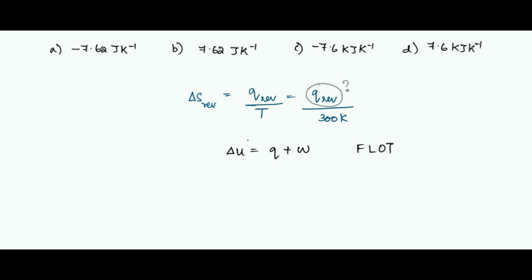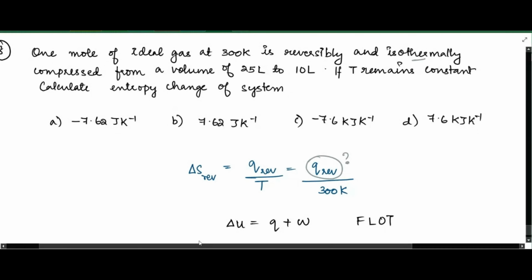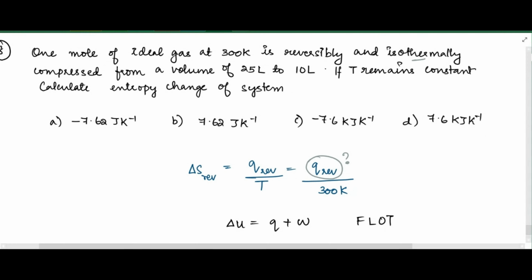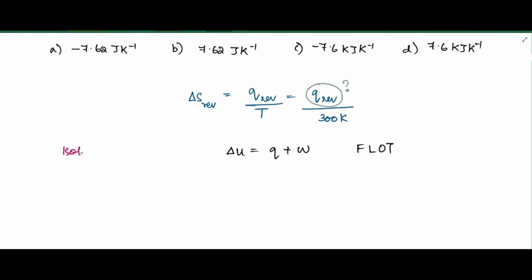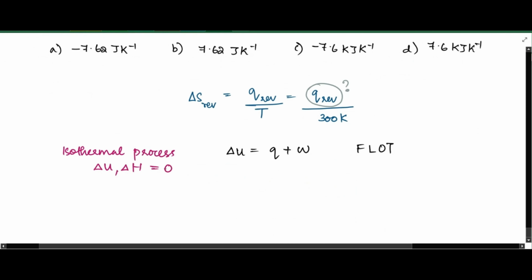Internal energy changes in two ways. It is either through the work done or through heat. Only these two bring changes in internal energy. Now, that is the first point. The second point is, when you have an isothermal process, this delta U and delta H, both of these are equal to 0. Always.